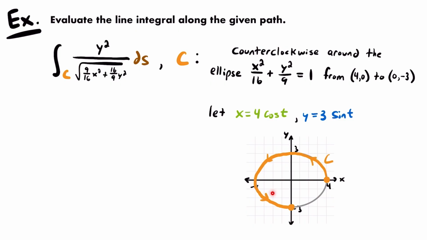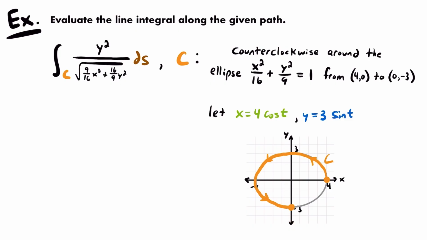By looking at this visually, we can determine the values of t that correspond to the initial and terminal points. You can sort of view this as a polar coordinate system in terms of how we would measure the values of t, because t would really be the angles that we would work with in a polar coordinate system. Thinking of it in that way, an angle of 0 would be along the positive x-axis. So we're starting at an angle of 0, for a value of t equals 0, and we're ending at an angle of 3 pi divided by 2.